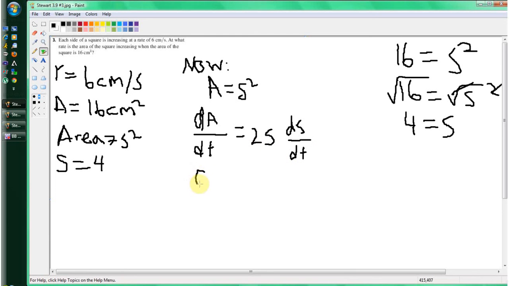So after we plug everything in, I'm sorry the handwriting is so bad. After we plug everything in, we have 2, and this s is 4.